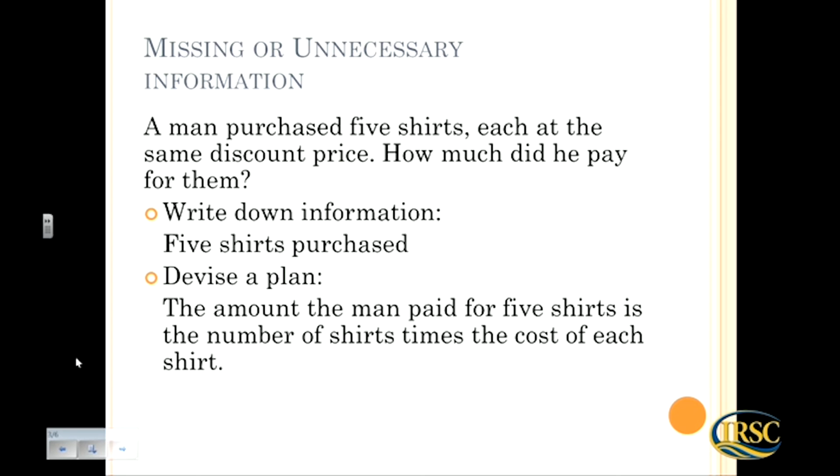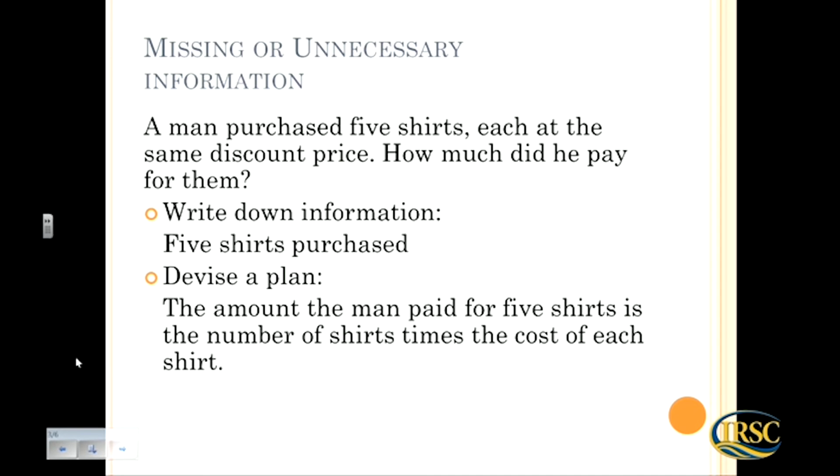You take how many you have and multiply it times how much they cost. So the amount the man paid for the 5 shirts is the number of shirts times the cost of each shirt. So you sort of have to think about that before you can figure out if there's something missing or unnecessary. So that is devising my plan, working out how I would solve it.